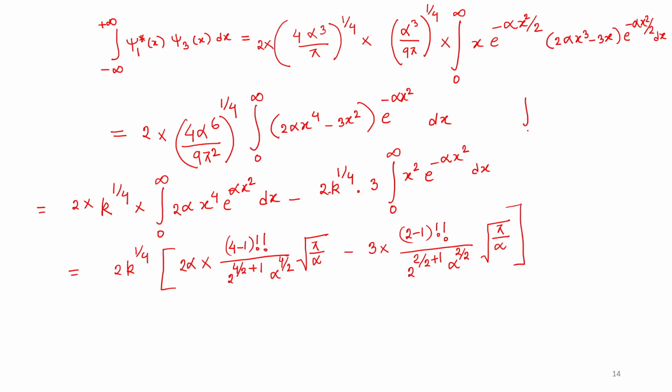So this is the formula I'm writing: integral from 0 to infinity x to the power n e to the power minus alpha x square dx is n minus 1 double factorial over 2 to the power n by 2 plus 1 alpha to the power n by 2, times root pi by alpha.